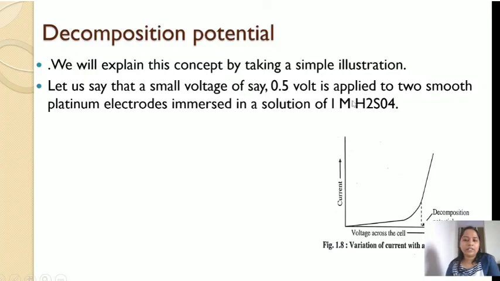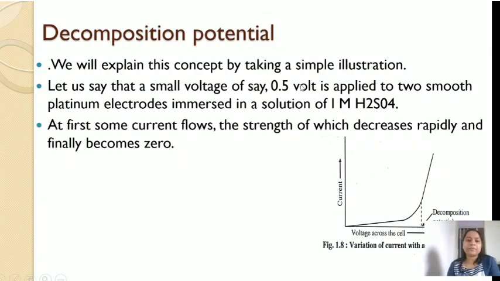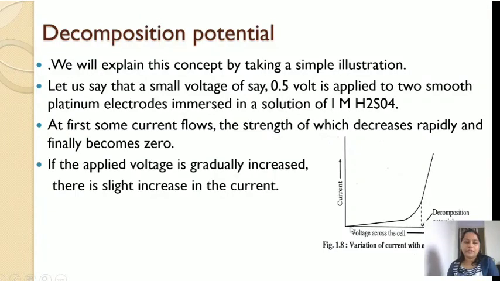Here our electrolytic solution is 1 molar H2SO4, in which two smooth platinum electrodes are immersed, and between these two electrodes a small voltage is applied. At first some current flows, but its strength decreases rapidly and finally becomes zero.